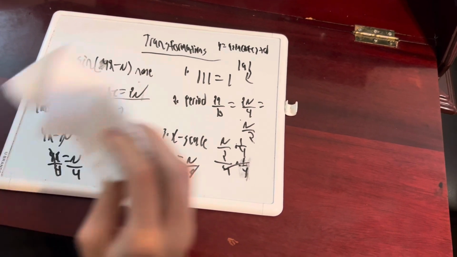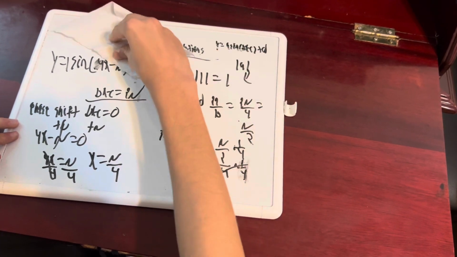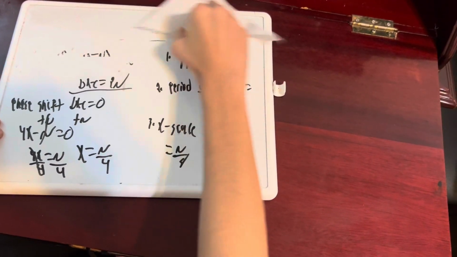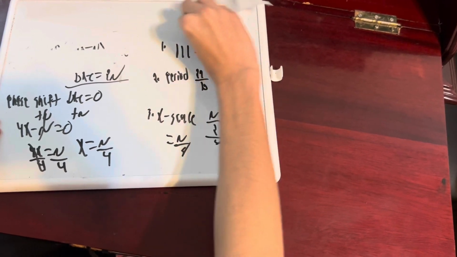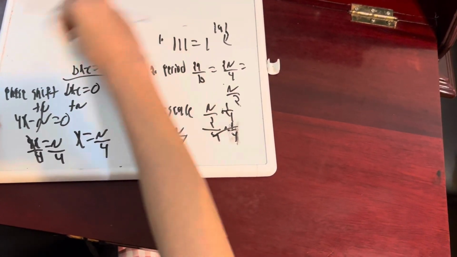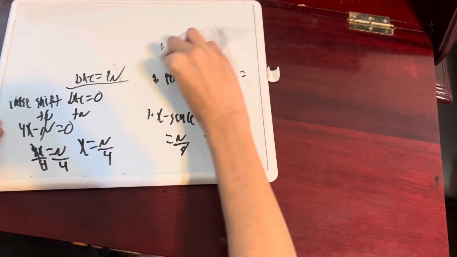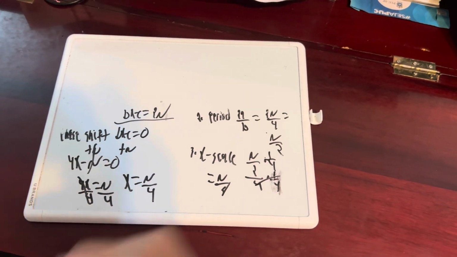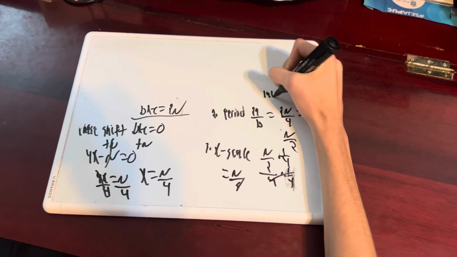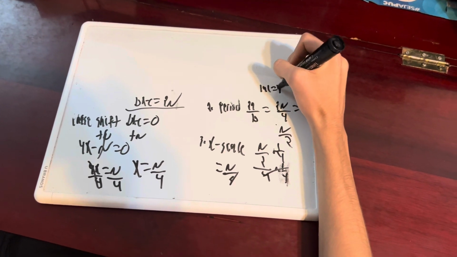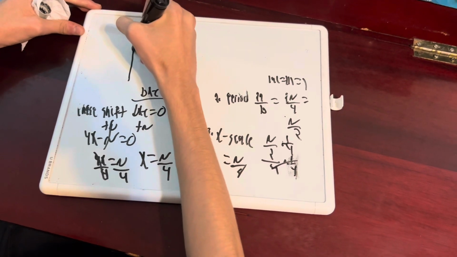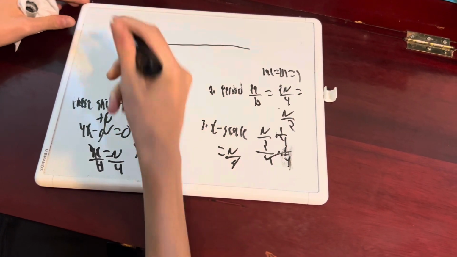But now let's actually get to the graph. I'm going to delete all of this here. I want to leave some space to do the actual graph, and I'm going to make this amplitude a little bit smaller. Absolute value of a equals absolute value of 1. Remember, we only have to do a fourth coordinate plane when we have negatives.